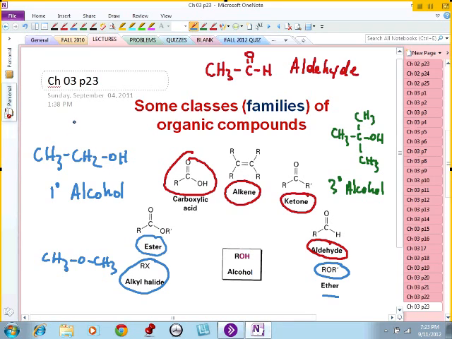In the alkyl halide, you simply have the X here stands for either fluorine, bromine, iodine. Those are what we call the halides. So in this case, an example of an alkyl halide could be this here, attached to a carbon atom. So these are all of the different classes of organic compounds.